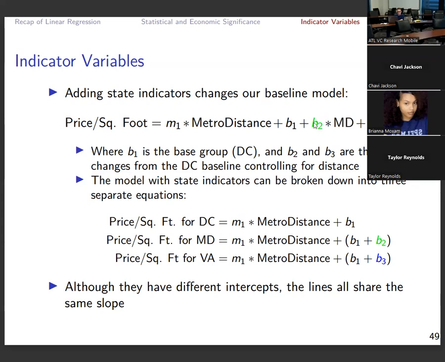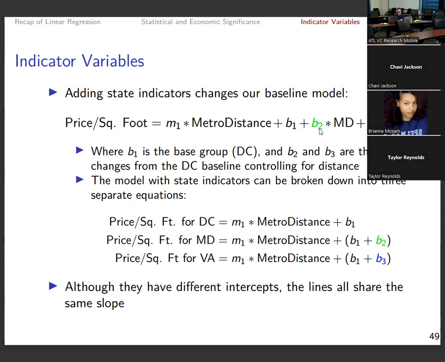Notice that it's alphabetical: DC, starting with D, then MD, and VA. That's how we keep track of the fact that the state variable is characters with DC, MD, and VA, and how the linear model function is going to treat that variable when it does the regression.